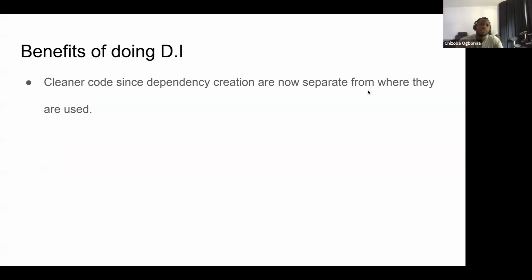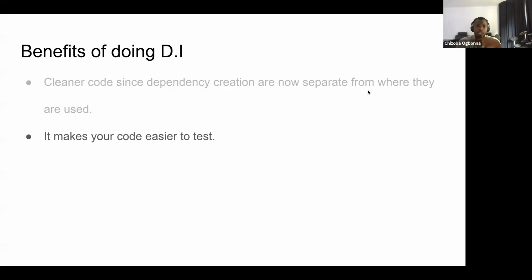So what are the benefits? Cleaner code, since the process of creating the dependency is not tied to the code that uses the dependency. There is separation, so you get cleaner code. You also get an advantage with testability as well, which is a huge gain. You should be able to test your code.